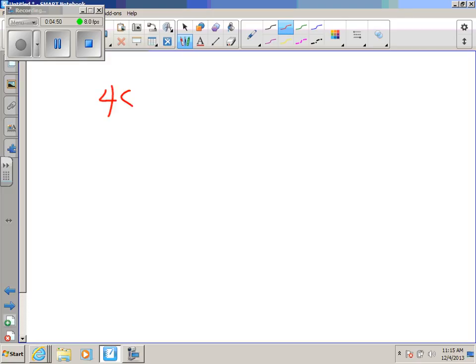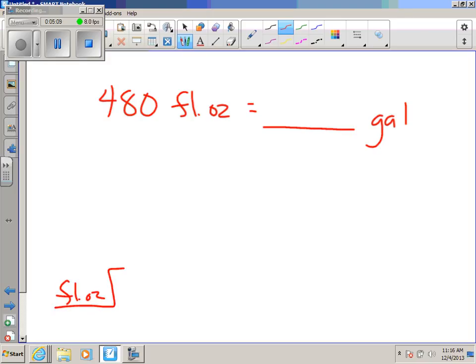Number 9, 480 fluid ounces is equal to how many gallons? Now this one's going to be a little bit challenging for us because on our staircase we're going to have to go a bunch of steps.